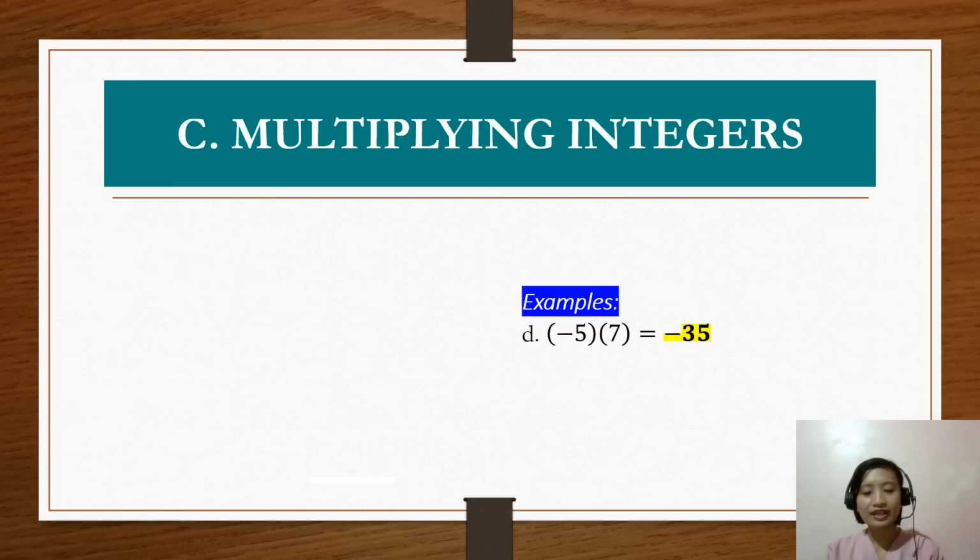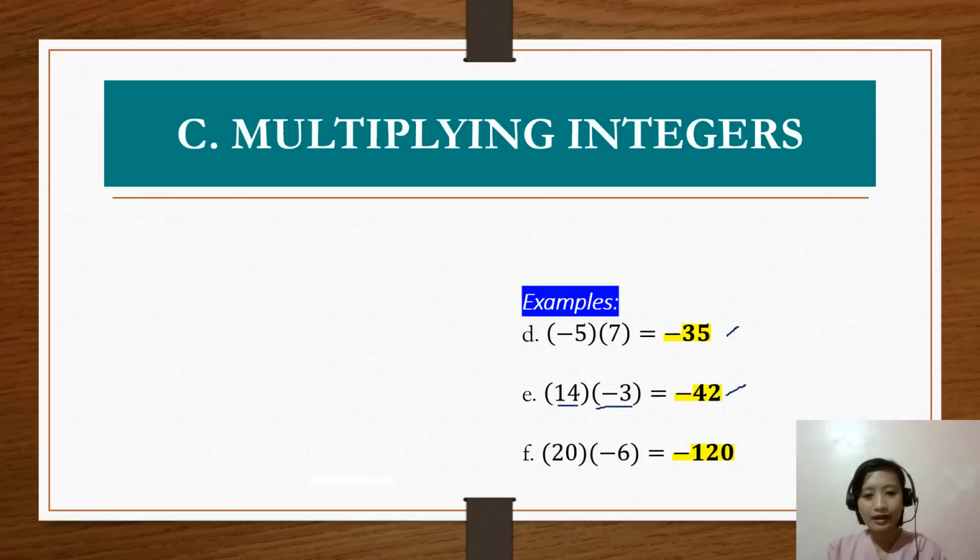For example D, we will be multiplying negative 5 and positive 7, and the result here is negative 35. For example E, when we multiply positive 14 times negative 3, the result is negative 42. And when we multiply 20 times negative 6, the result is negative 120.